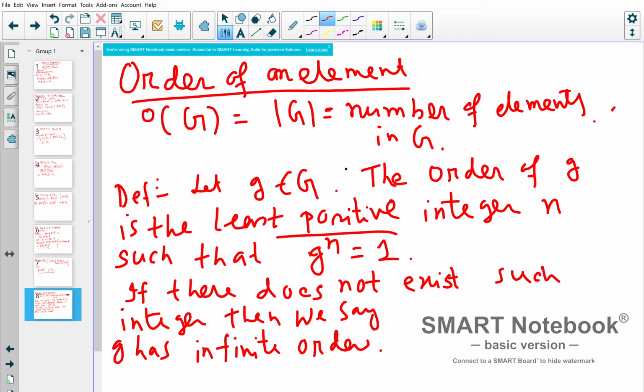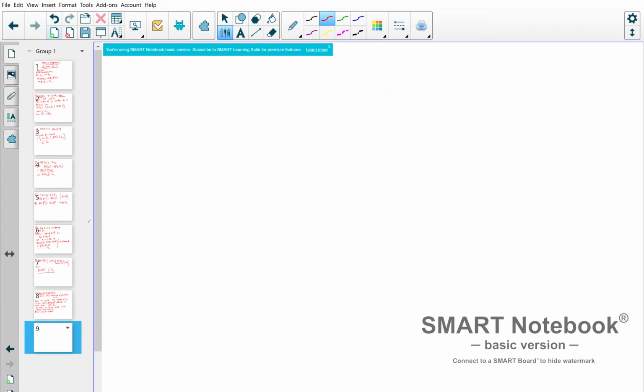This order also has lots of properties. For example, under a homomorphism, you can always ask what the relationship is between the orders of elements. This question comes up naturally.